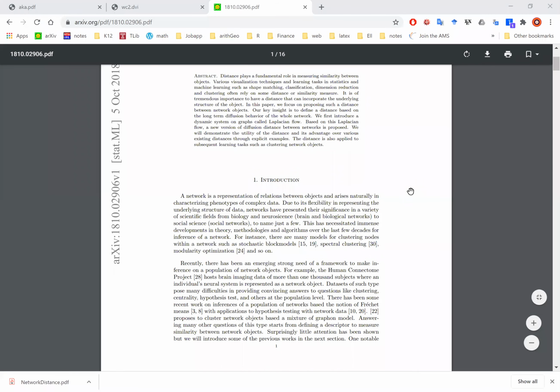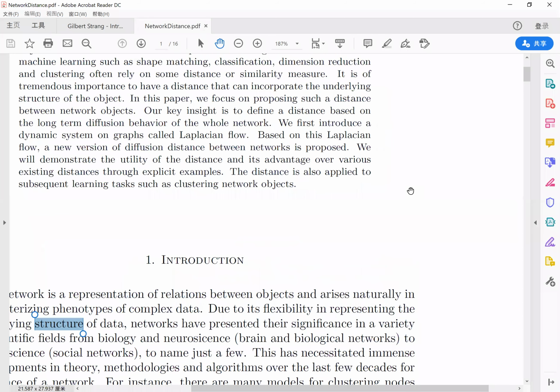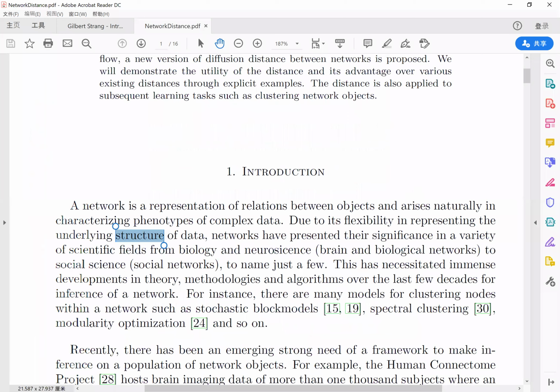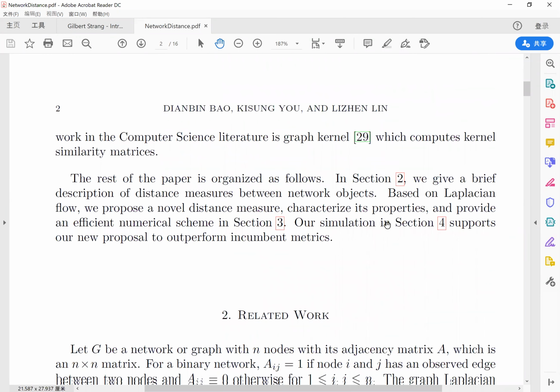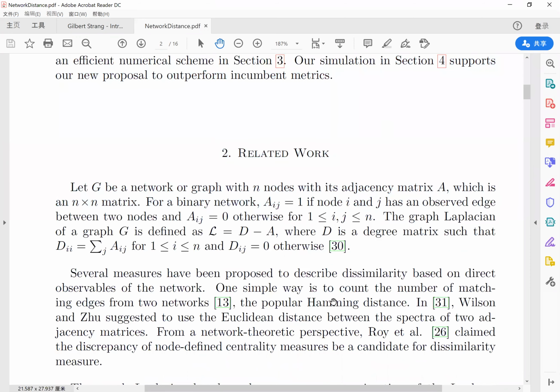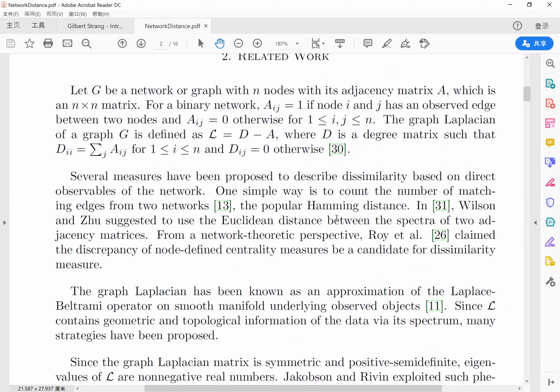So the network distance. Suppose you have a graph. We already introduced a little bit about graph theory. Now, using graphs you can mimic a lot of things. So the object is a graph here.